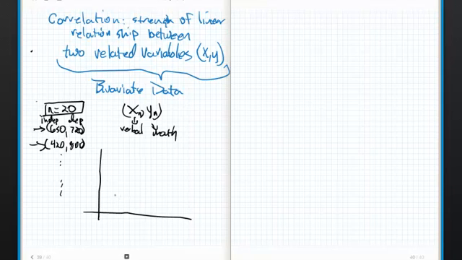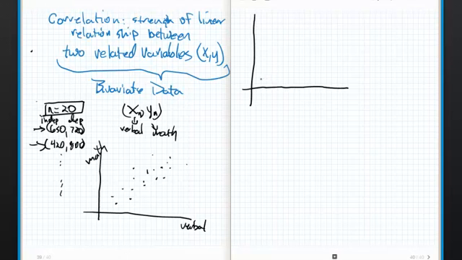Now, think about this. If I plot all of these points on a graph, let's say there are 20 like this. I got a couple crazy ones. And I end up with that. Now, does there appear to be a strong linear relationship between these, my verbal scores, and these, my math scores? Well, certainly not as strong a linear relationship as if I did this and this, right?